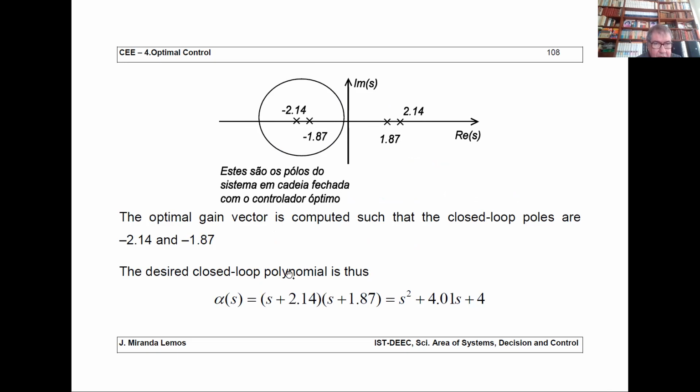That is to say, you cannot design a closed loop state feedback system with a desired closed loop polynomial alpha given by this polynomial here, of which the roots are minus 2.14 and minus 1.87. Any question?